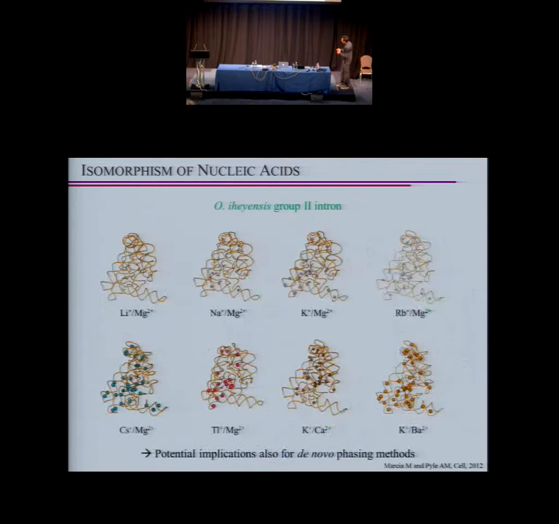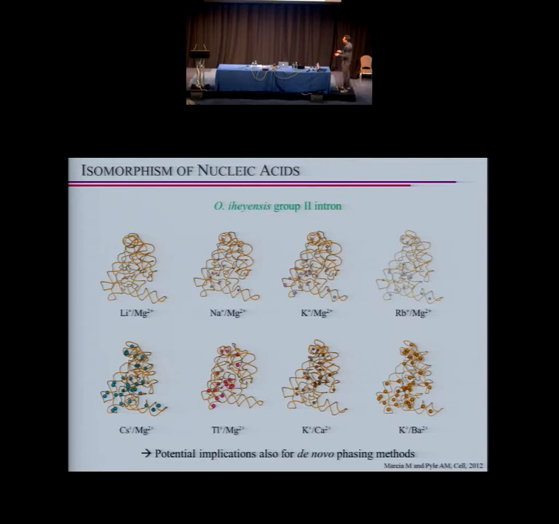At the same time, I also forgot to mention that despite this going a little bit far from the major focus of this meeting, this can also have very interesting potential implications for de novo phasing methods, because most of these elements are very good anomalous scatterers.